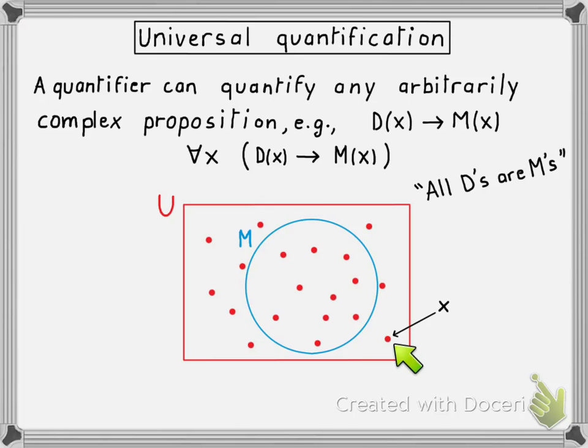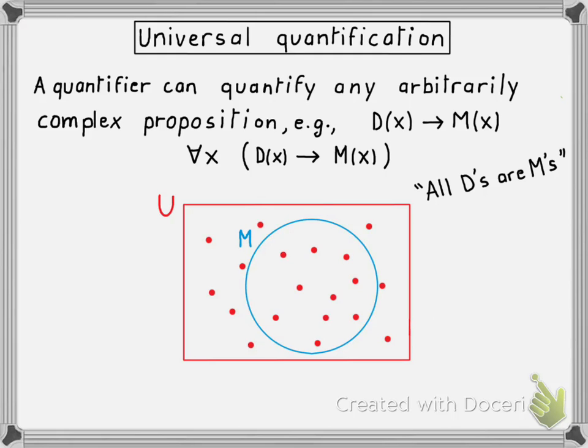Then we would have a situation where D of x is true but M of x is false for a particular x in the universe. And so that would contradict the fact that this proposition is true. So in conclusion, for any element outside of the blue circle, it's impossible for D of x to be true.